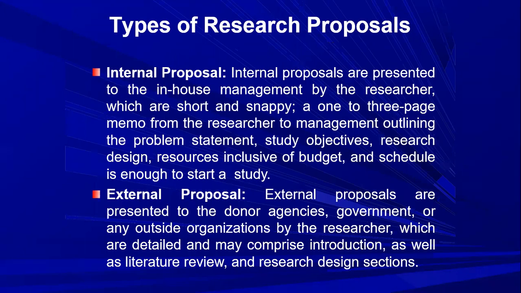It is a 1 to 3 page memo from the researcher to management outlining the problem statement, study objective, why you are doing it, what problem the organization is facing, the research design you have planned, resources inclusive of the budget, how much budget is involved, and a schedule. So when it will start, how it will proceed, what events it includes, and how it is going to end.